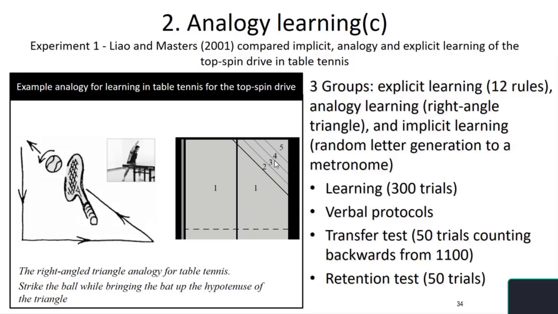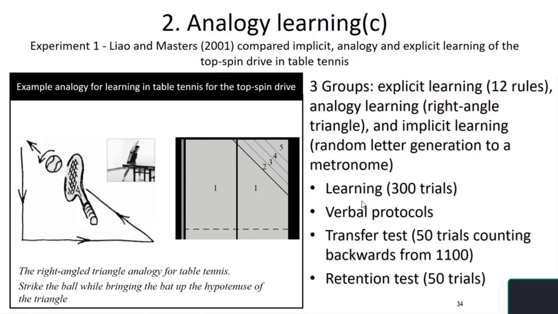And they had a target region on the other side of the table tennis court where a 5 was awarded. The full maximum points was awarded during practice, under retention, or under transfer when the individual struck the ball in this 5 area. And then there were fewer points for at least just getting the ball on the other side.